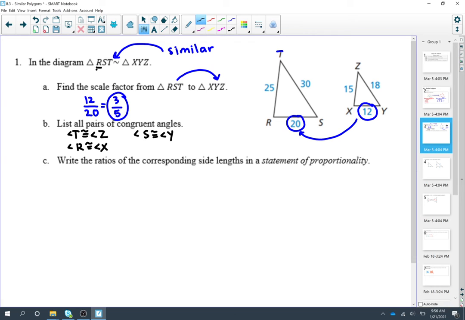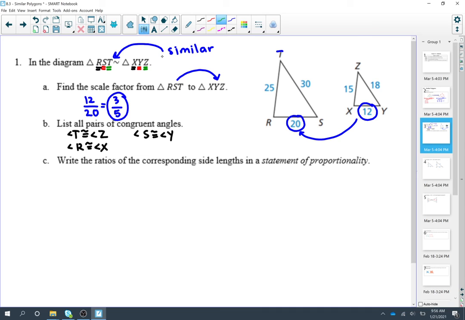So R is in the same placement as X, so I know that R and X are congruent. S is in the same placement as Y, so I know S and Y are congruent. And T is in the same placement as Z, so I know T and Z are congruent.